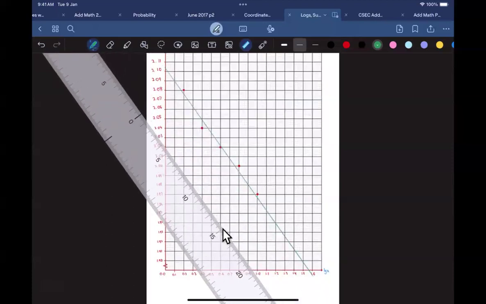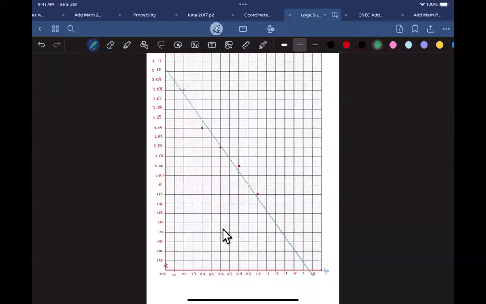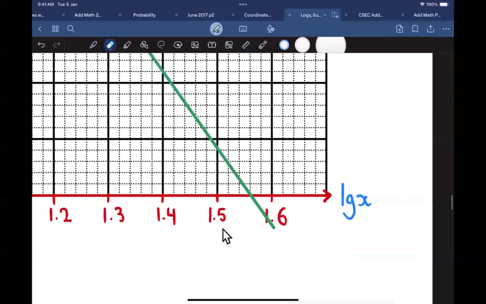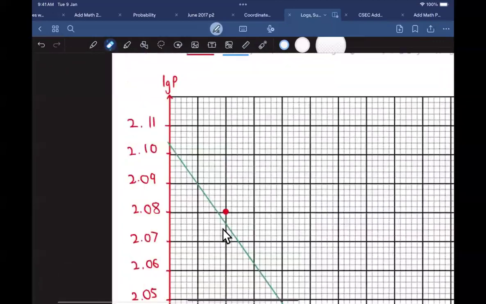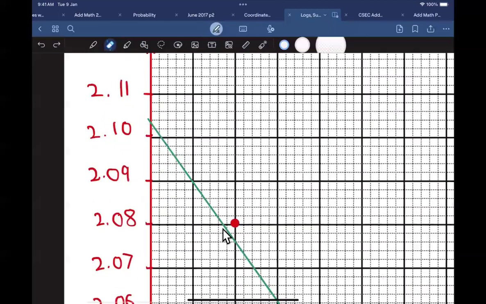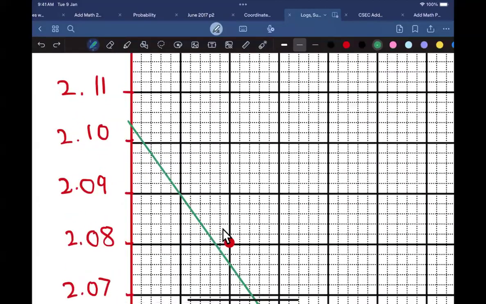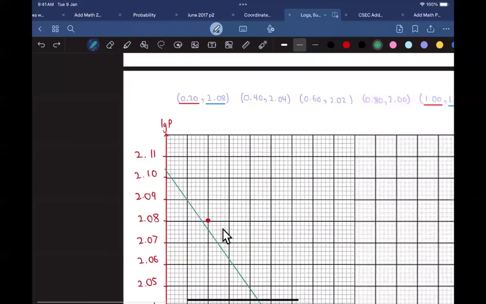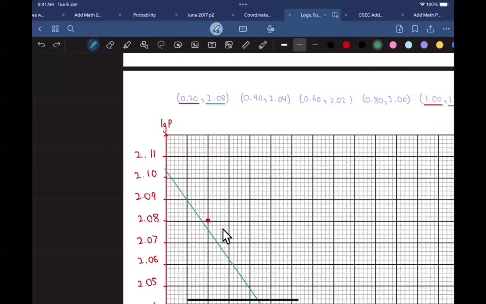So yeah, you see how it has some points on one side and some points on the other side of the line? Right. So I want somebody to tell me what the y-intercept looks like. So the y-intercept, that's where a line cuts the y-axis.